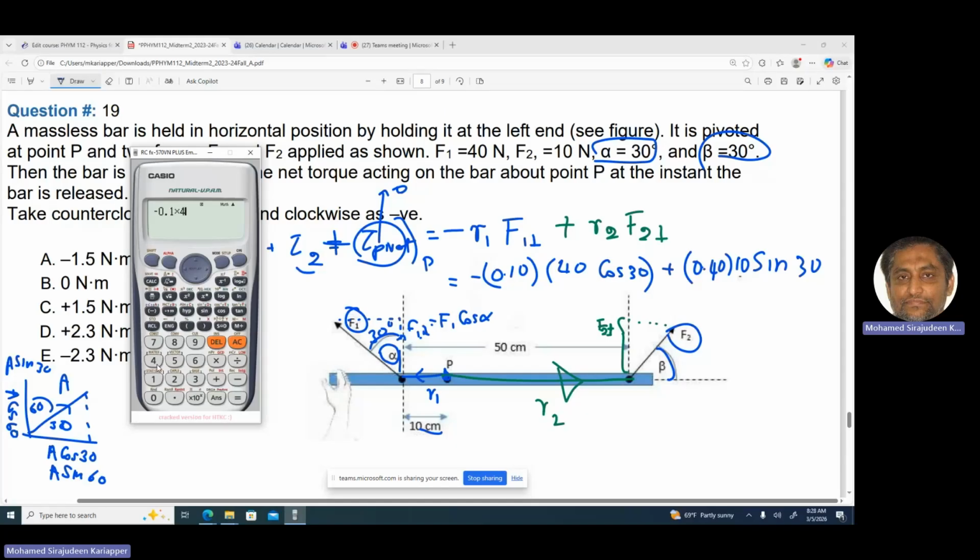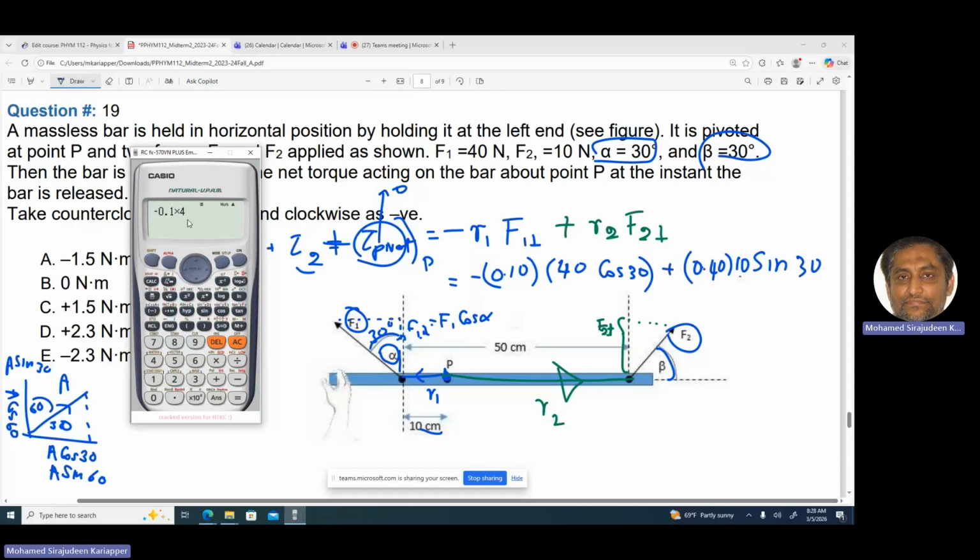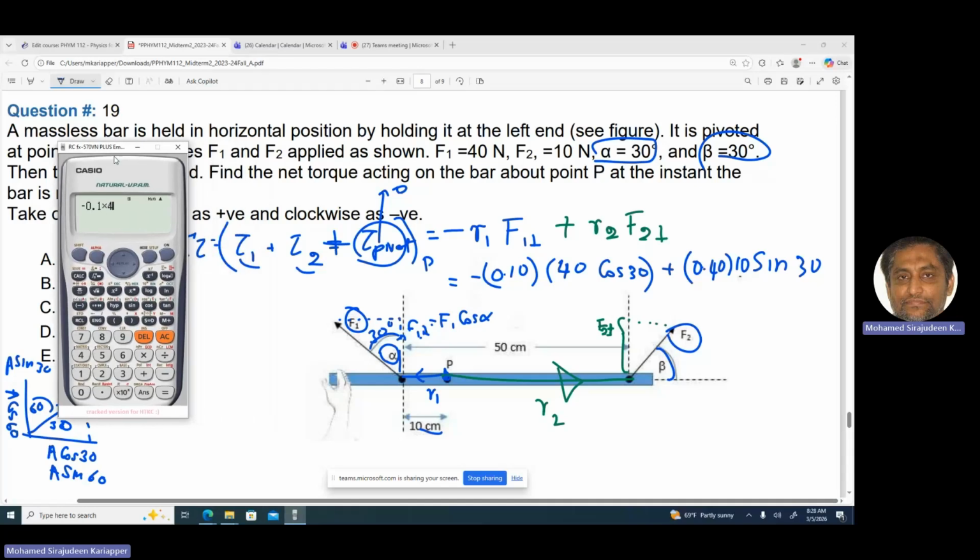Oh, this is the value of the force. Value of the force F1 is equal to 40 multiplied by cosine 30 plus 0.4 multiplied by 10 multiplied by sine 30. That's it.